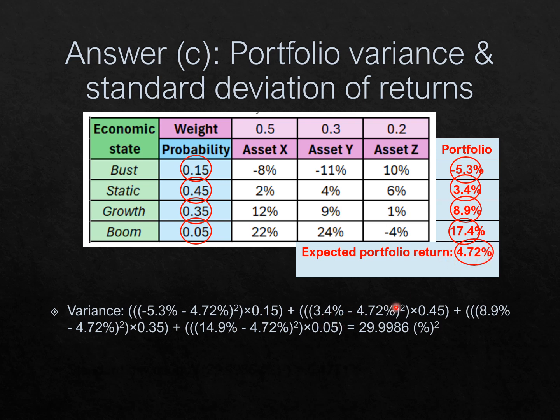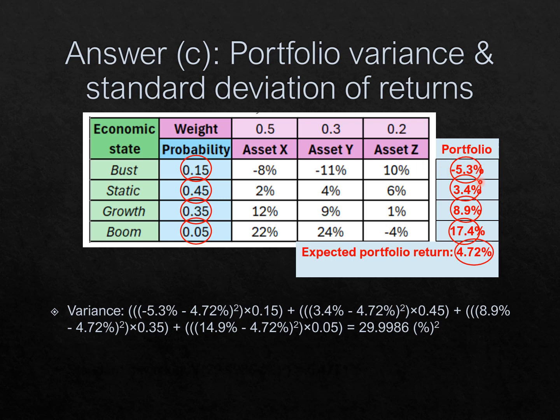You square that, then you multiply with the probability under static, which is 0.45. Then 8.9% minus 4.72, you square that, then you multiply with 0.35. Then finally 17.4% minus 4.72%, you square that, then you multiply with 0.05. And you add them all up, you get 29.9986 percentage square.